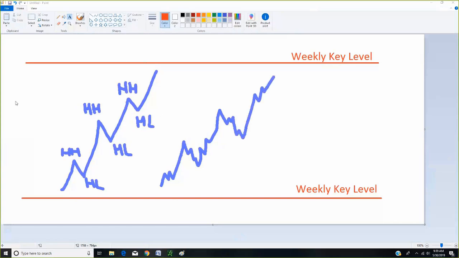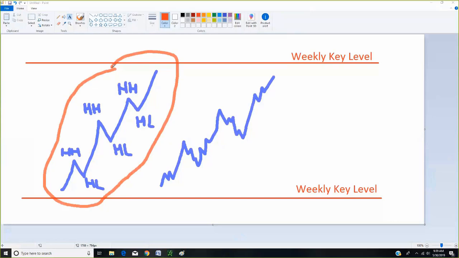We wish the market gave us this clean structure, but you and I both know it doesn't always look like that. So this right here is still higher highs and higher lows. It's got a lot of little corrections in the middle, but in the grand scheme of things, it's still working its way up.